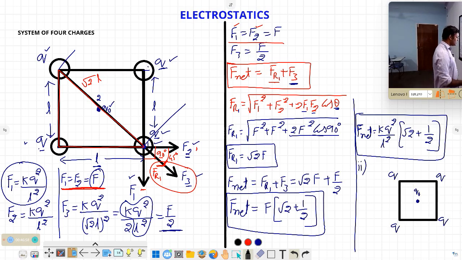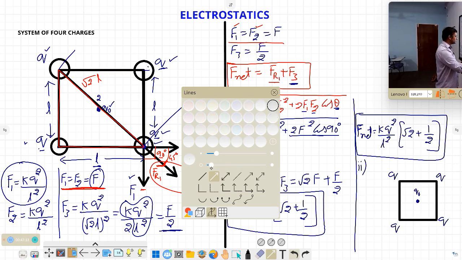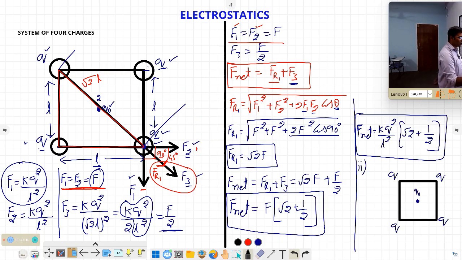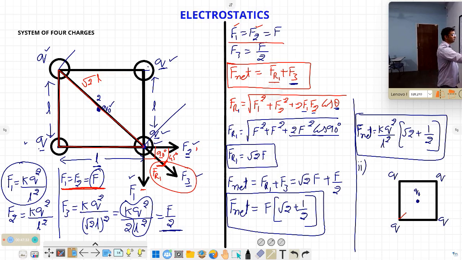So first try to understand the diagram of this one. If you observe here, this Q repels this one in this direction, as the arrow shows, right?